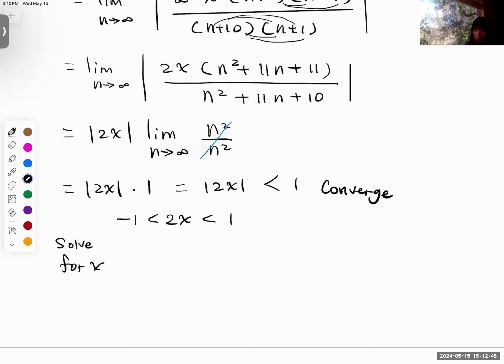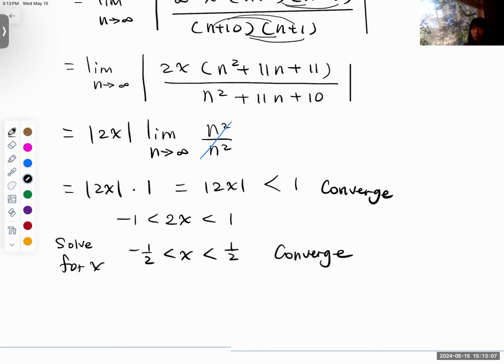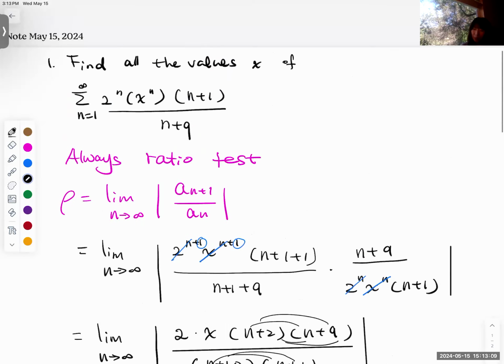Okay, so then we divide every term by 2. So we have negative 1 over 2 less than x less than positive 1 over 2, right? Okay, so in that case, it converges, right? But then we want to know about all the x values.